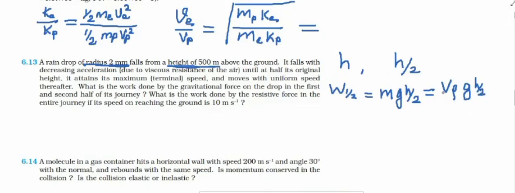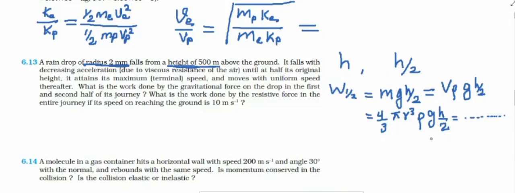Then again, radius is given. How can you find the volume? Volume is equal to, assuming it to be spherical, 4 by 3 pi r cube rho g h by 2, which will give the first answer.